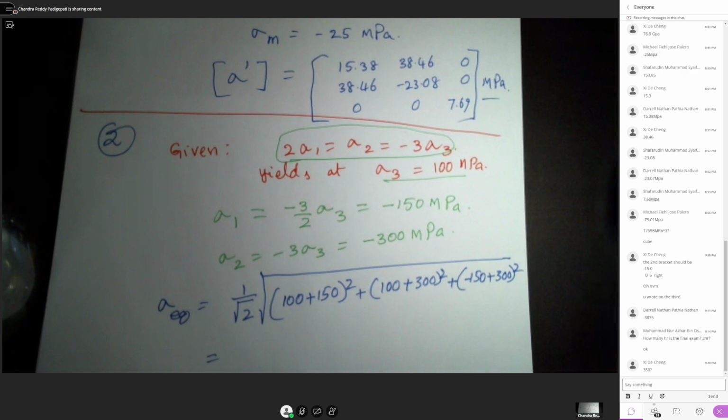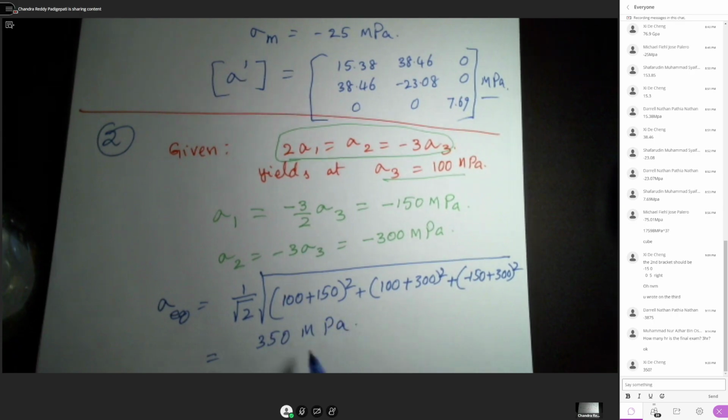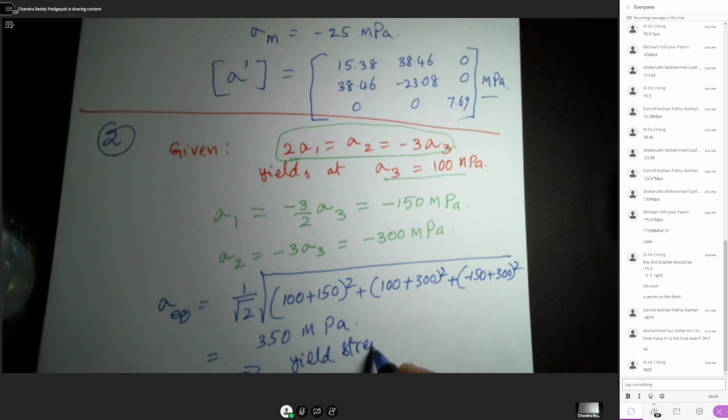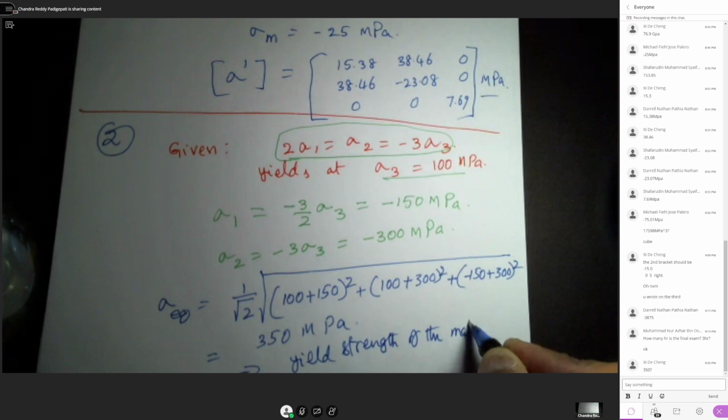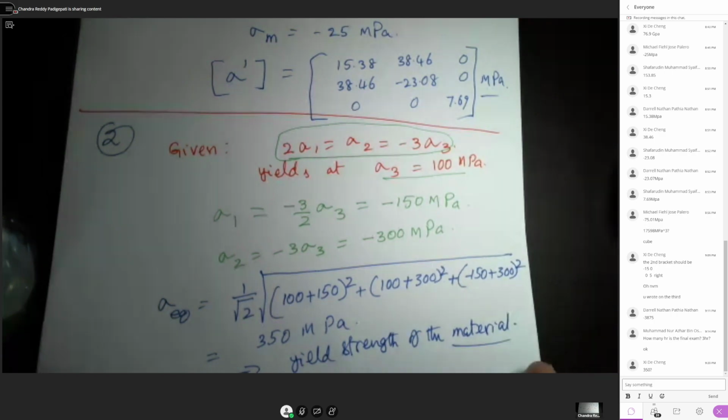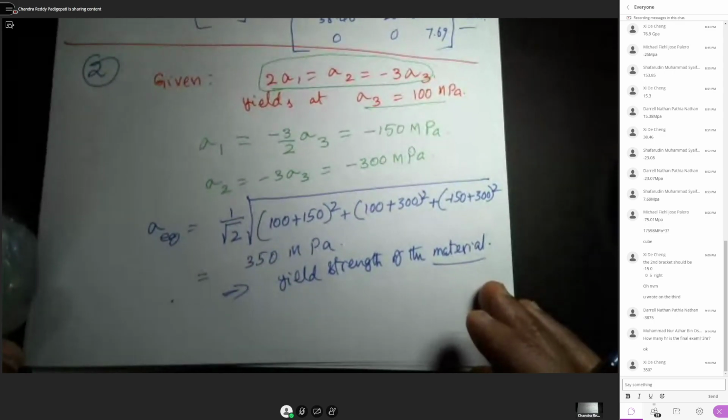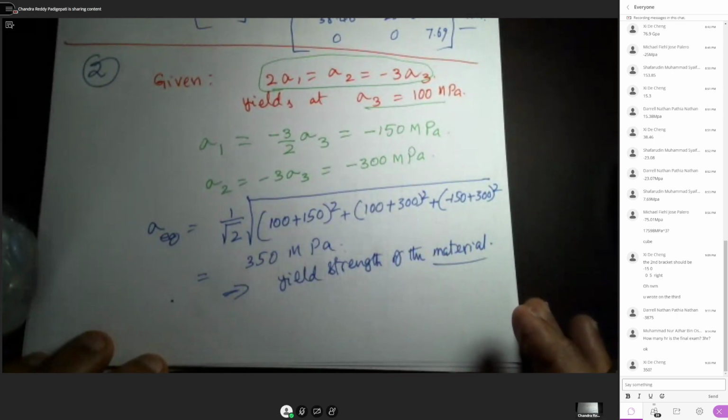That's correct. So you get 350 megapascals. This is the yield strength of the material. So you can easily calculate the yield strength from this.